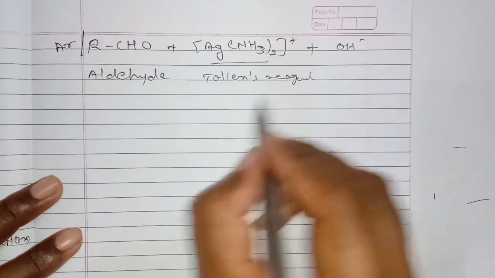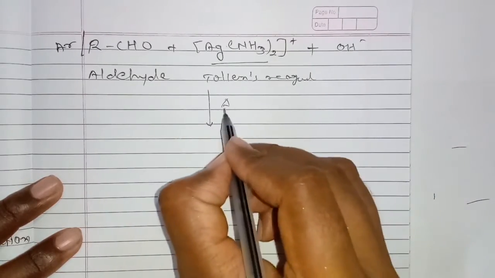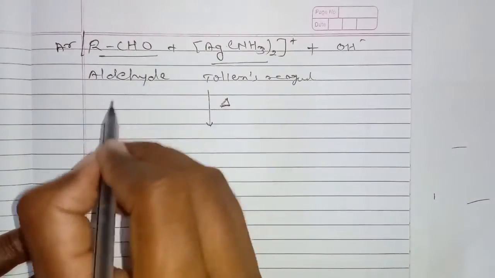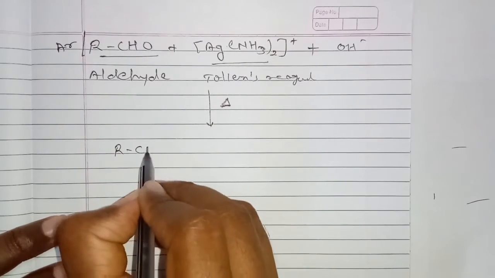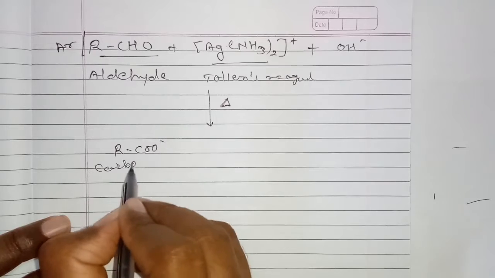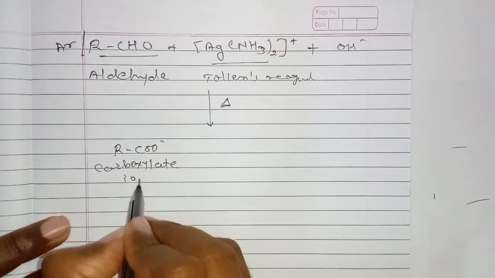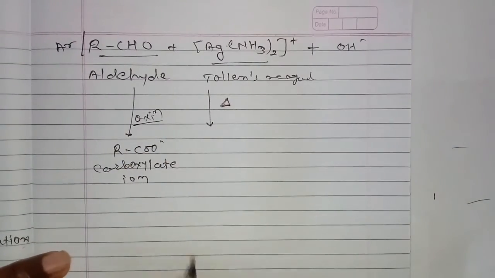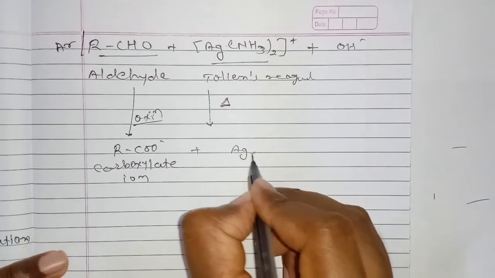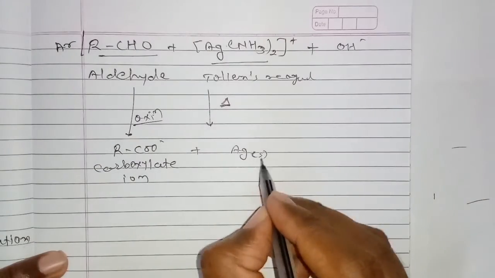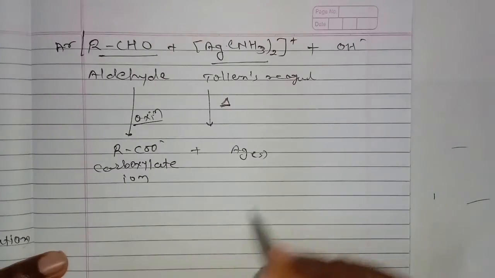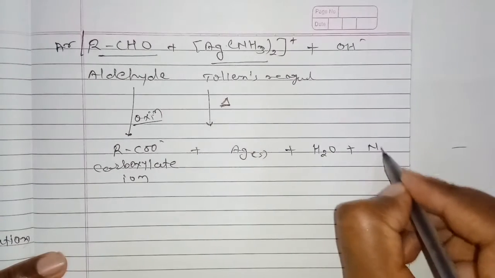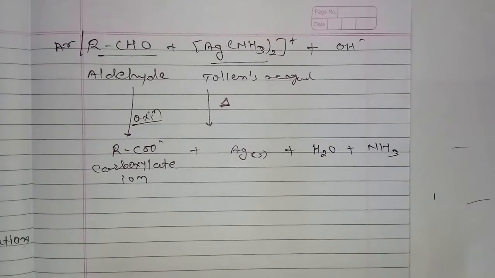The reaction is carried out in basic medium with heating. Aldehyde is oxidized and converted to carboxylate ion. Silver is produced inside the surface of the test tube, some amount of water is produced, and ammonia gas is evolved.